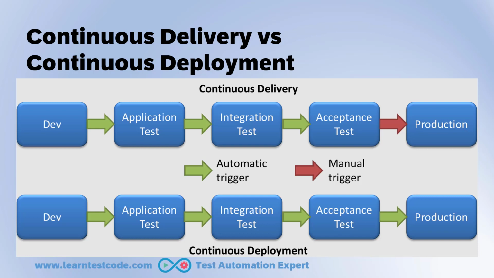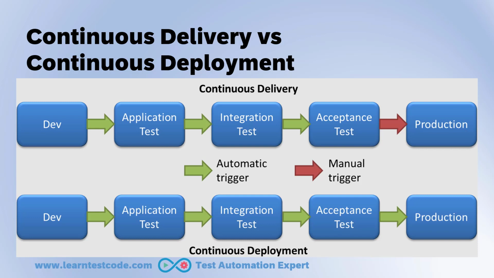So if you're talking about the CD, it might be continuous delivery when we have a manual trigger to the production, which in simple words means that somebody from business or a tester needs to give approval, needs to press the approve button in the CI/CD pipeline to deploy to the production, and usually the user acceptance tests are run in a manual way, or you can have part of the acceptance test automated.